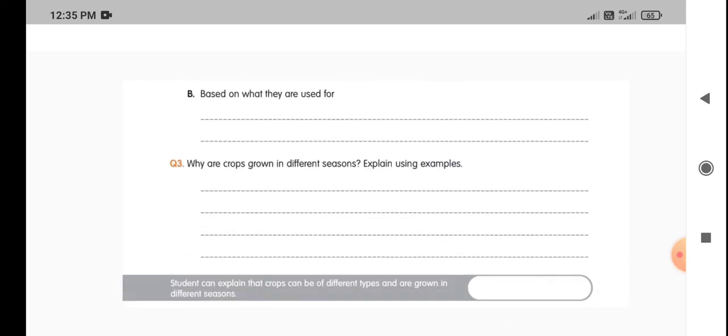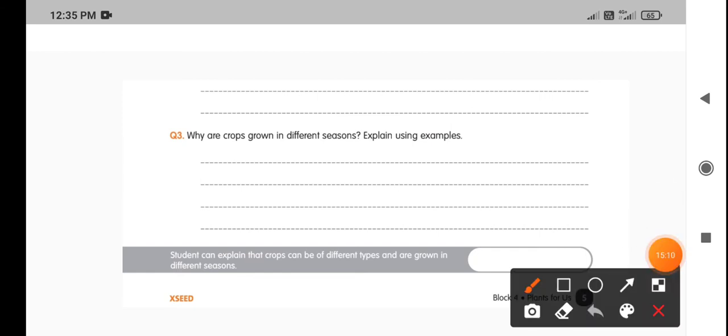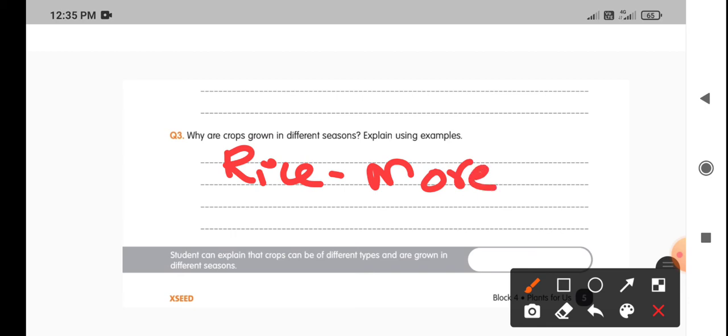Depending on the usage, they can be. And the last question is, why are crops grown in different seasons? Explain using examples. Because depending on the usage of water, some crops like rice need a greater amount of water for their growth, so they are grown in the rainy season.